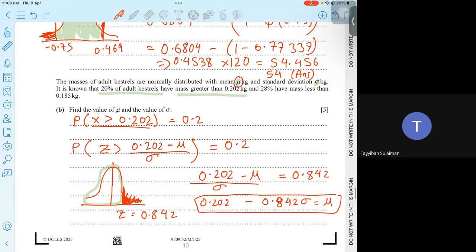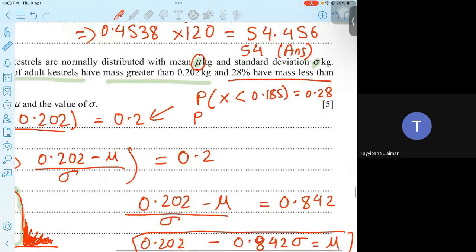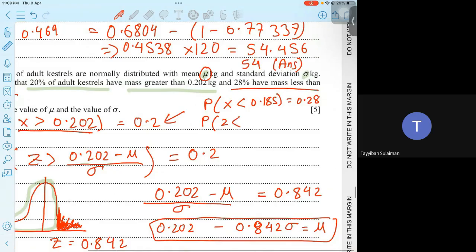The second part says that 28% have masses less than 0.185 kg. That's basically saying the same thing, but the other way around. Now, P(X < 0.185) is 0.28, right? Let's do the same z formula now. So P(Z < (0.185 minus mu) over sigma) equals 0.28.